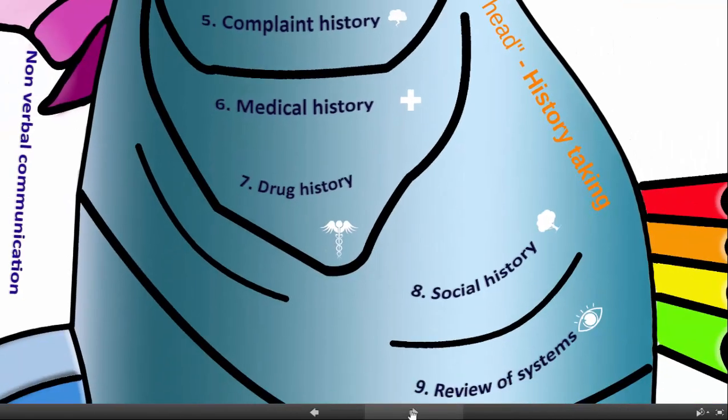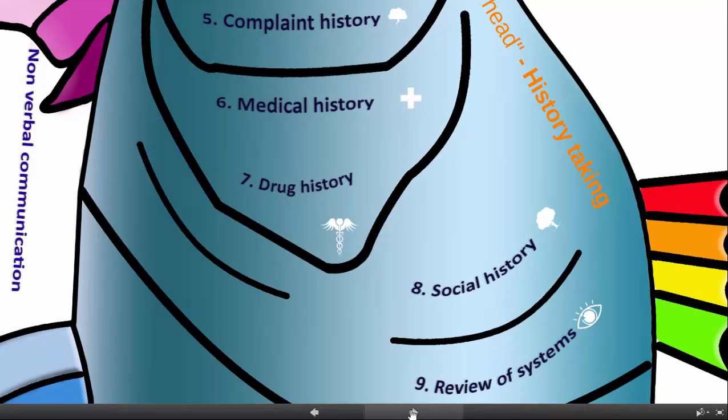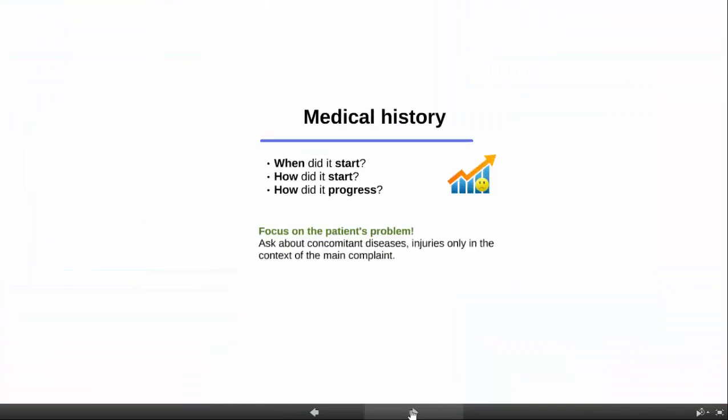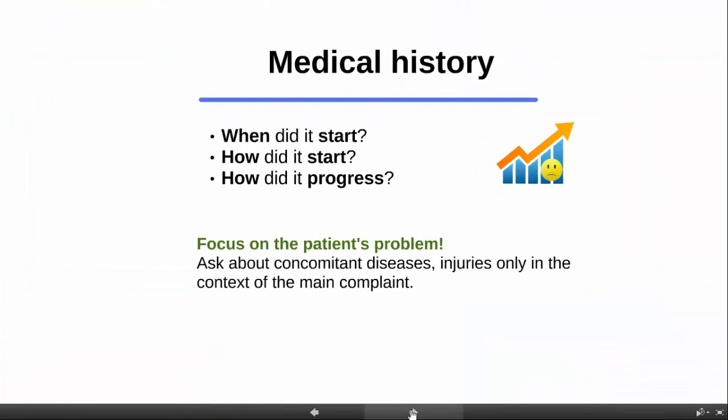Now we are ready for the next step, which is medical history. Usually we ask or clarify when did the symptom start, how did it start, what symptoms were in the beginning, how did it progress.